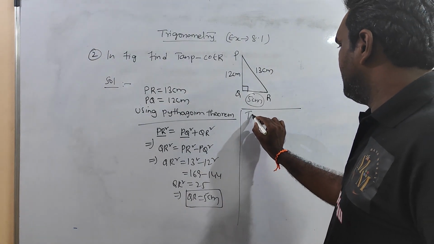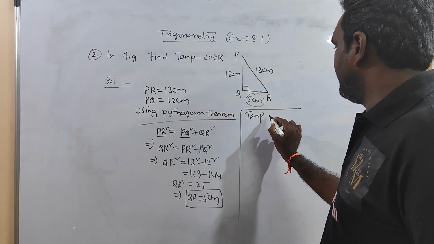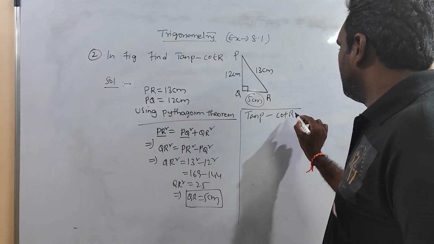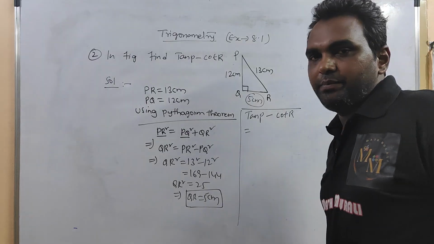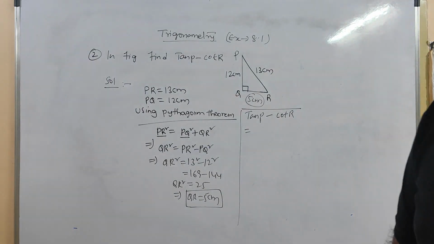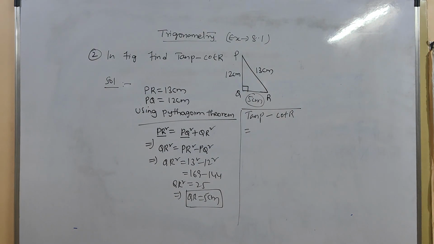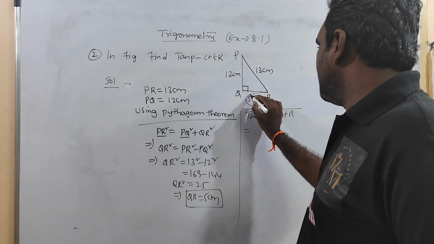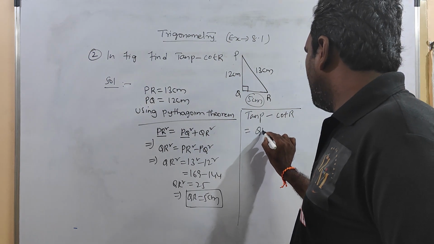Tan P. First you find what is tan P, or else directly you can write tan P minus cot R. What is the definition for tan? Tan is opposite side by adjacent side. So for angle P, what is the opposite side? QR.